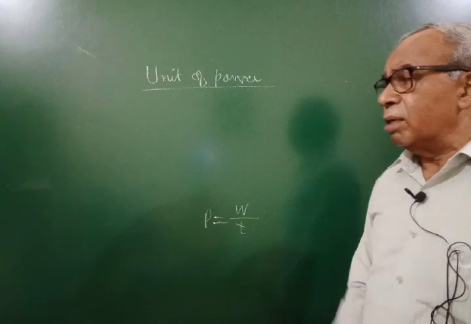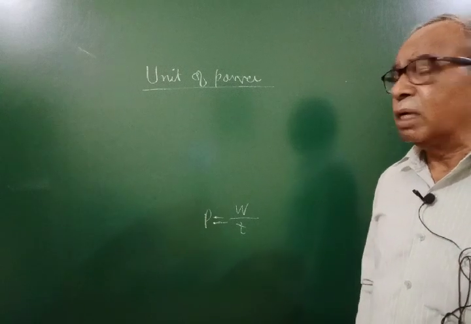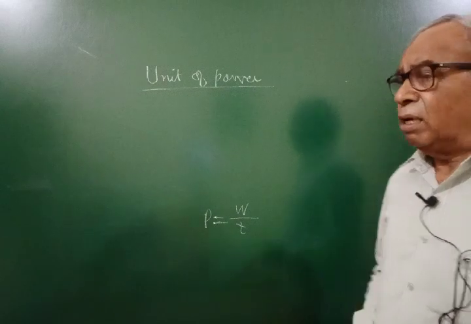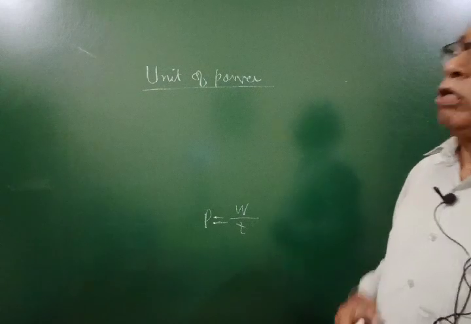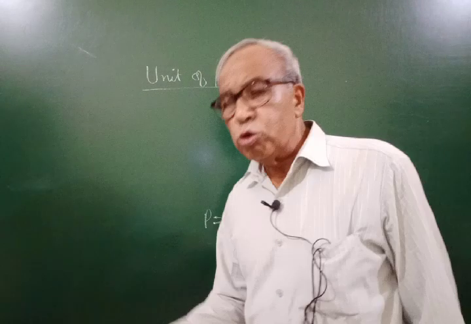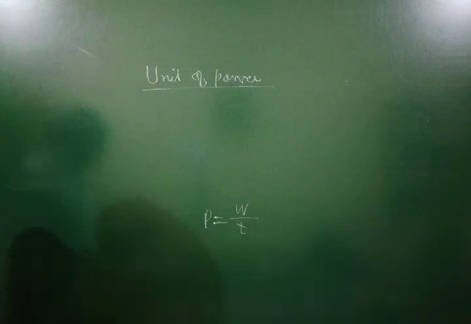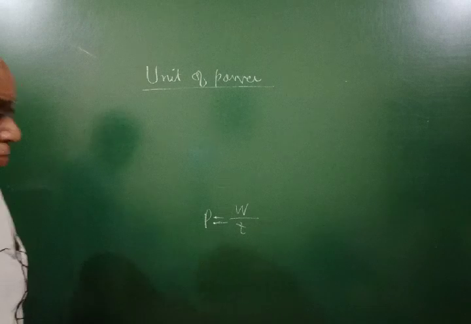Just like I have told, people say rate of doing work is power. It is very confusing. I don't understand why, and books are like that: force has been defined as rate of change of momentum. Why don't you say change of momentum per unit time is force? Rate of change of momentum is not specific. Momentum may change with distance, may change from person to person.